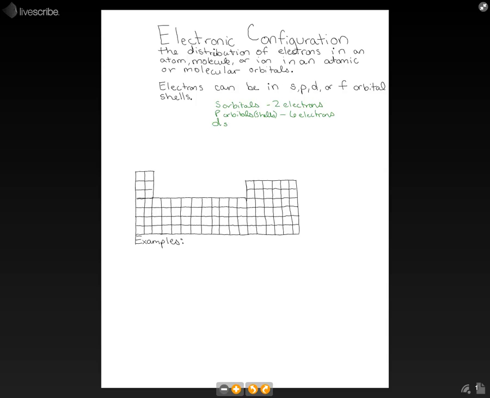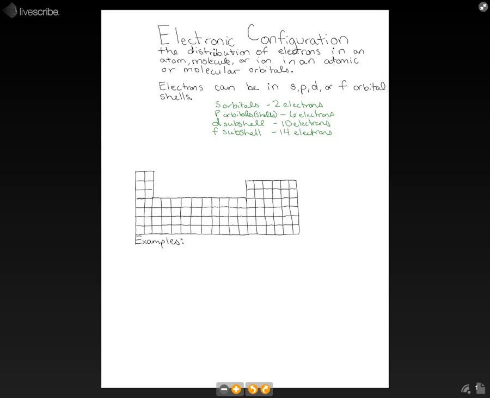D shell is going to hold 10 electrons. And our F subshell is going to hold 14 electrons. And these are the 4 subshells we know about for all of the elements on the periodic table now.